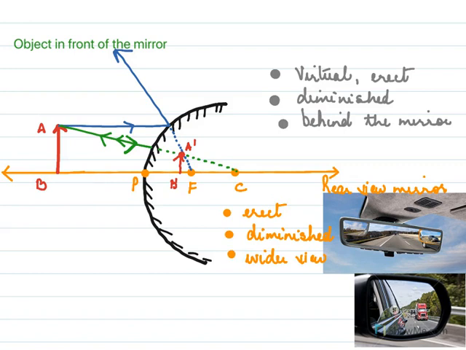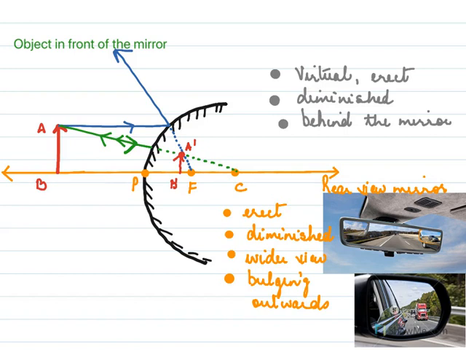They are also bulging outwards, so they give you a much better view of the traffic behind.